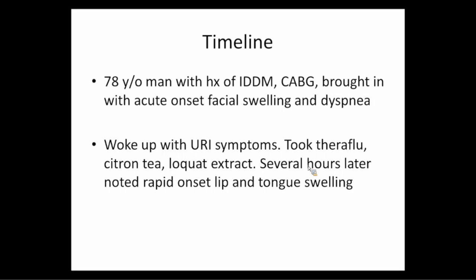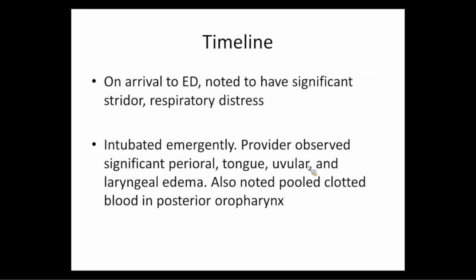The backstory is he woke up this morning with some new URI symptoms of a cold, and he took some remedies: a Chinese herb extract along with almond extract, and some citron tea. He went to take a shower, and several hours later, all of a sudden his face started blowing up, and he couldn't breathe, so we called an ambulance.